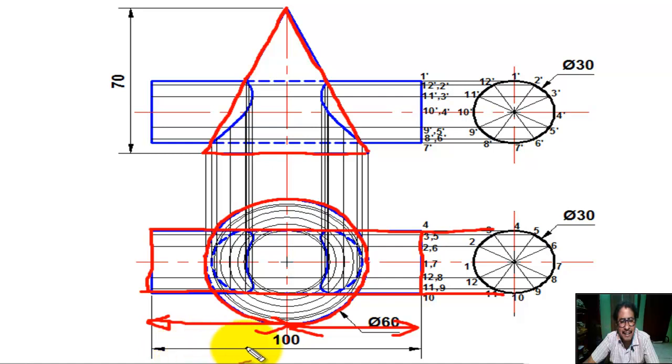The length of the horizontal cylinder is 100 millimeter and diameter 30 millimeter.